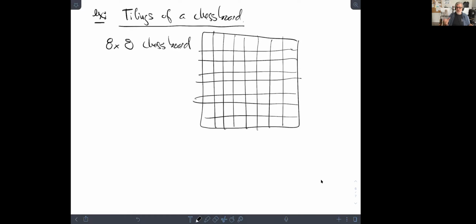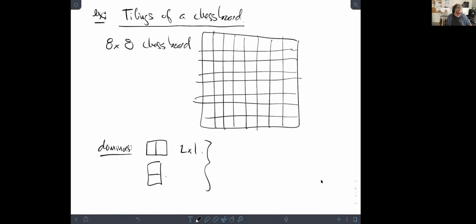Okay, and we also have dominoes. What's a domino? It's a 2x1 rectangle, and obviously, you know, could be either way. And we're going to place those dominoes on the squares of the chessboard.